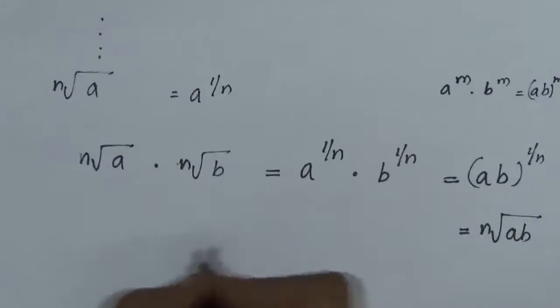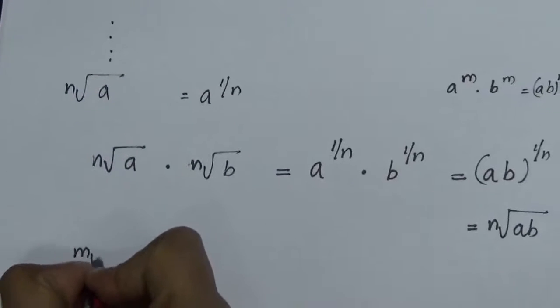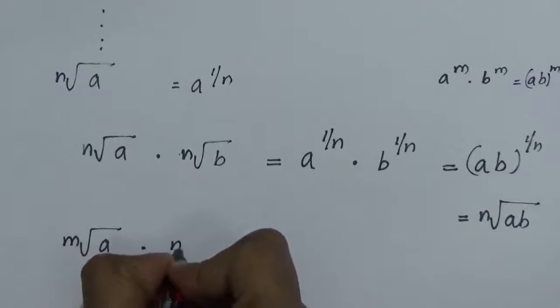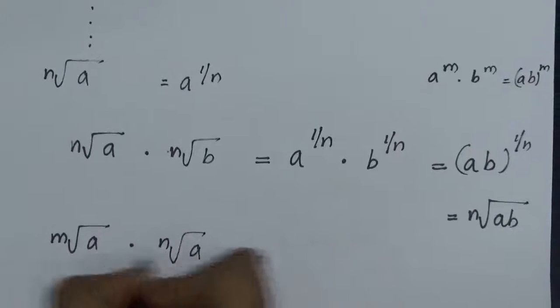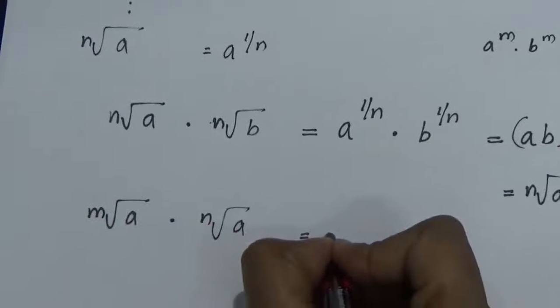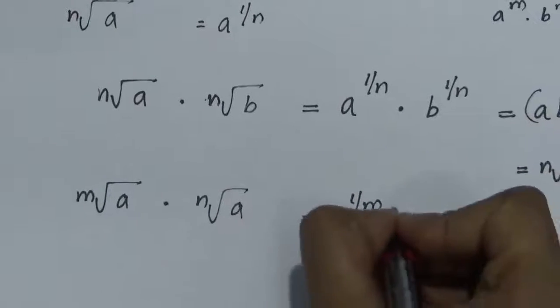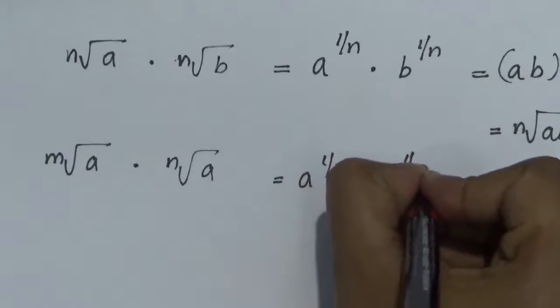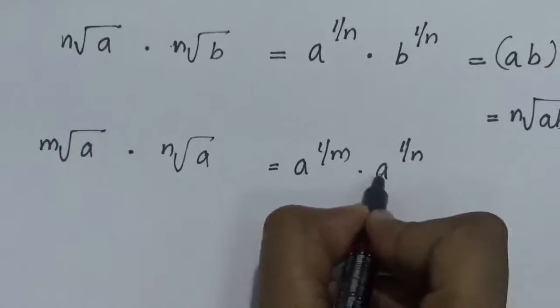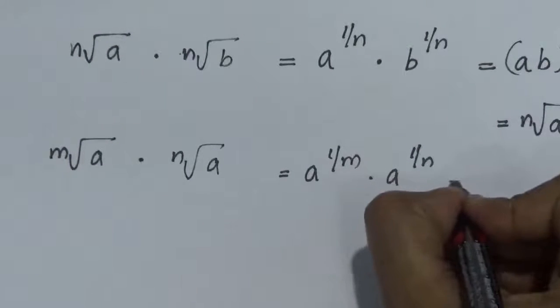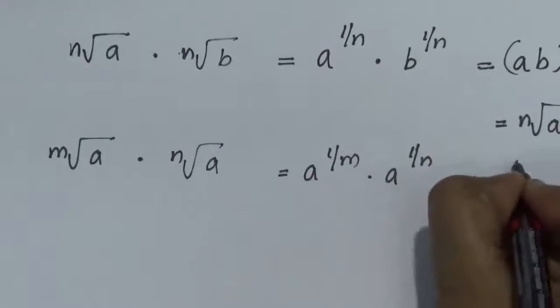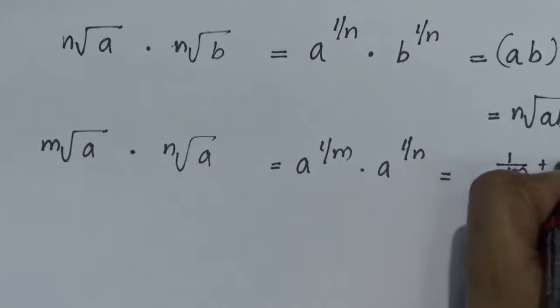Okay, now we can find what is mth root of a into nth root of a. So mth root of a can be written as a raised to 1 by m, into nth root of a, which can be written as a raised to 1 by n. So here we have the same base, so we put the same base and we add the exponents. So we get 1 by m plus 1 by n.